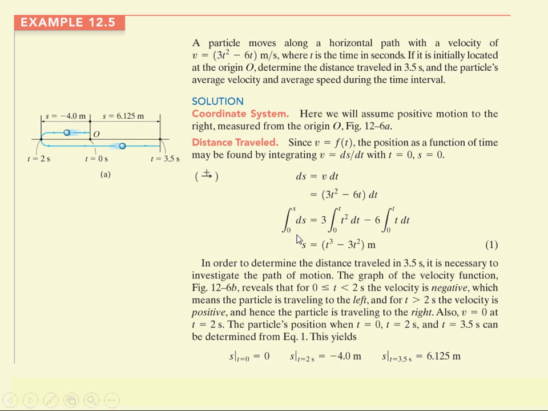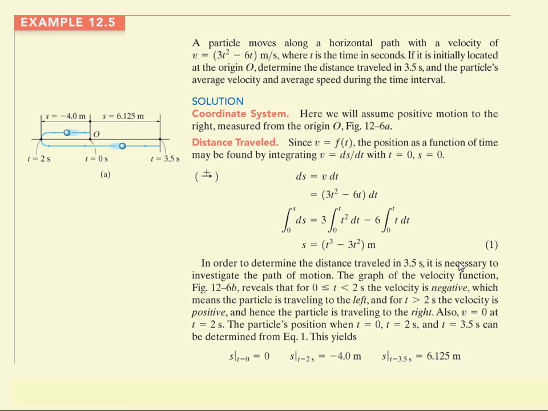On this side, the integral between 0 and s, but the one over here would be 3t cubed divided by 3, right? So you get this term. And this other one, 6t, would be 6 times t squared divided by 2. 6 divided by 2 is 3. So you get this integral here. Do you remember from your calculus class how to do that?